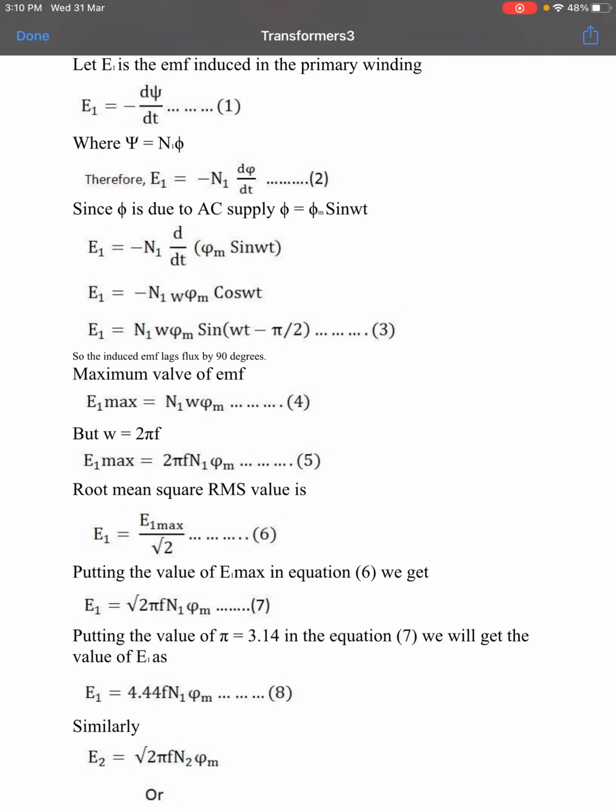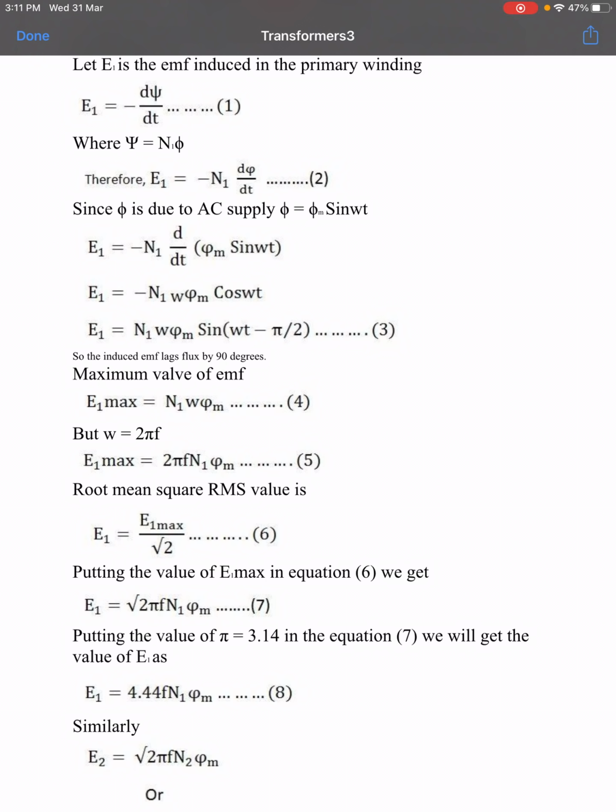The root mean square value E2 equals E2 maximum divided by root 2, so E2 equals root 2 pi f N2 phi m. Substituting pi equals 3.14, the equation becomes E2 equals 4.44 f N2 phi m.